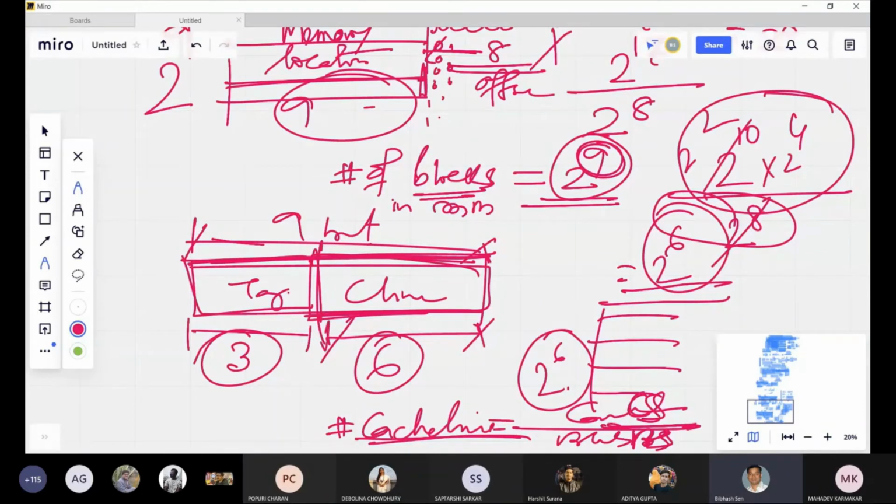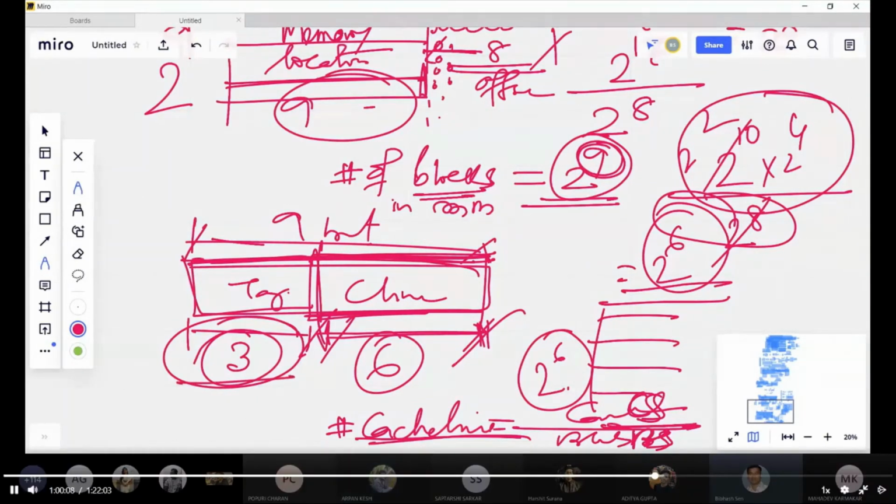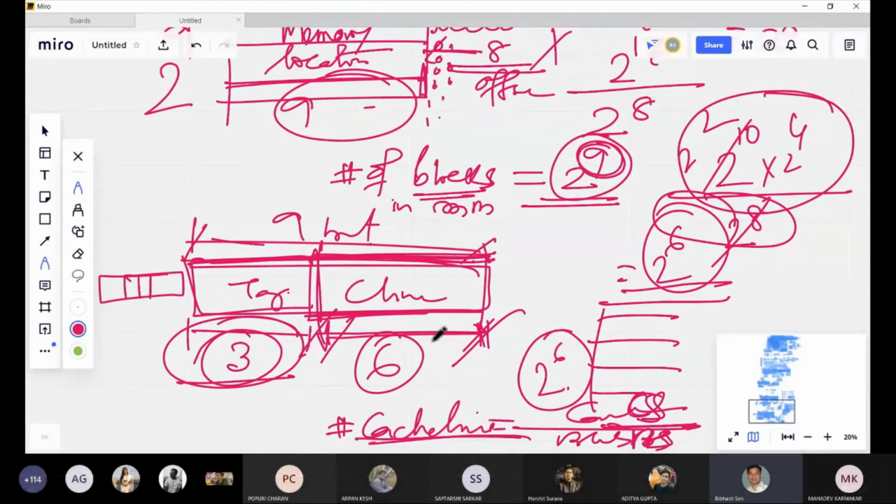Yes, sir. So 6 bits for the cache line. Total 9. How many bits are there for the tag? 3 bits. If the tag is 3 bits, it means that for a particular tag, the bits are required for comparing the data. Now I'll come to our theory.